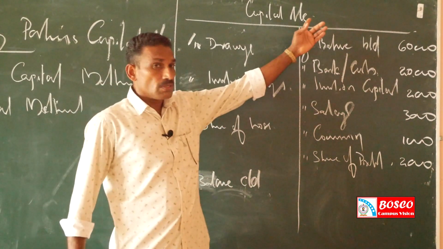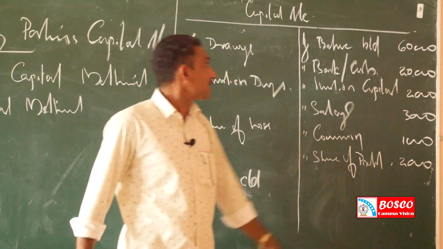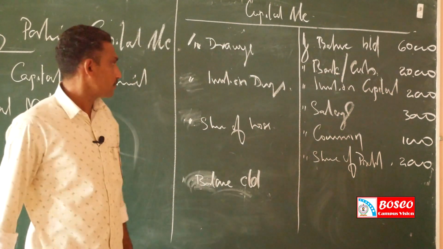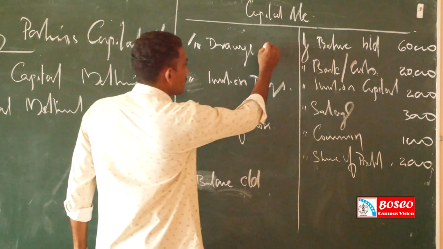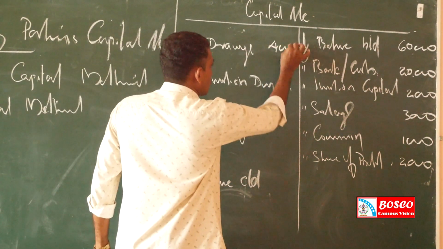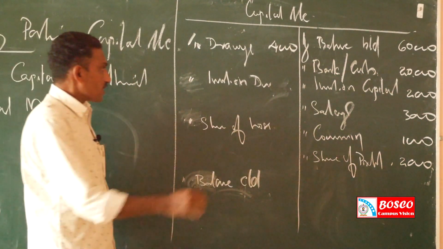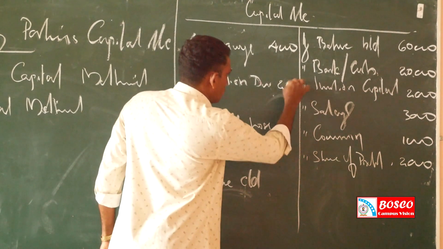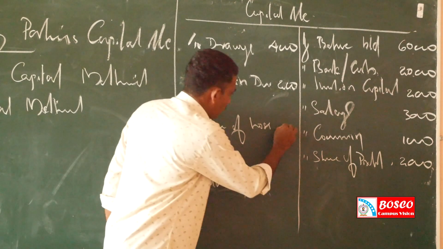So, under fluctuating capital method, all these items are shown on the credit of capital account. Then it is debited with the drawings. For example, drawings amount 4,000. Suppose interest on drawings 200. Then share of loss nil.